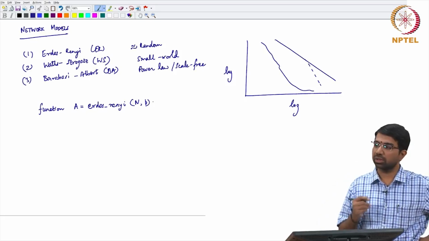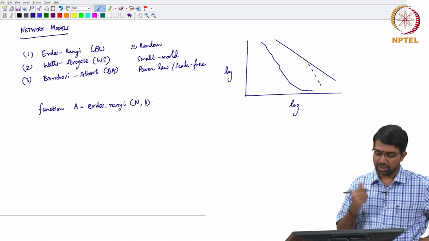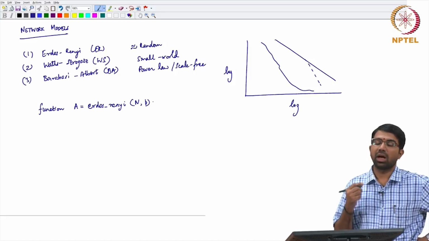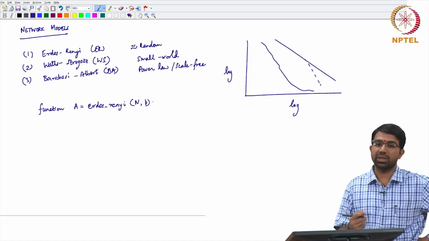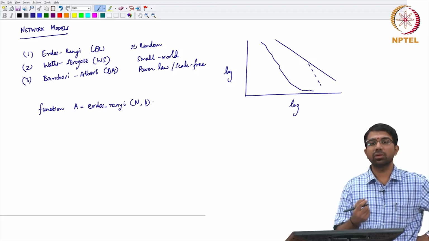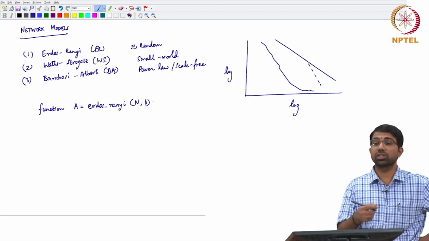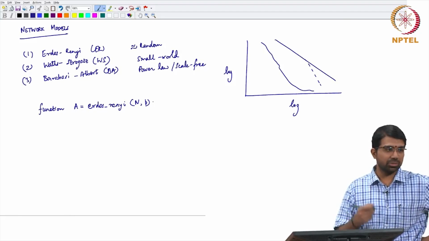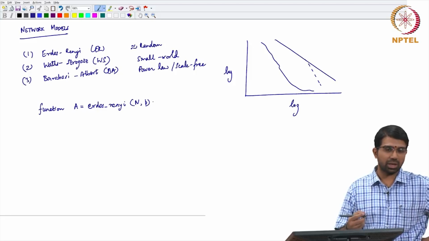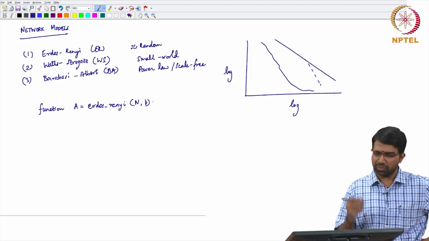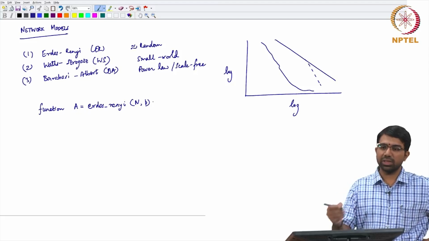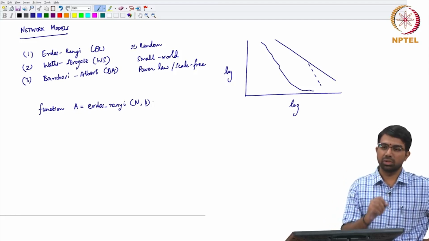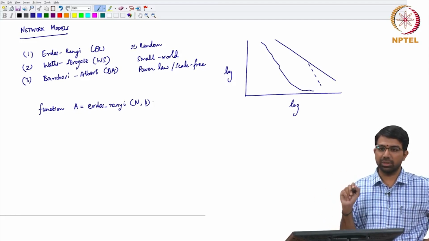You will just try to construct an adjacency matrix such that an entry in the adjacency matrix will be non-zero if you generated a random number that is less than or equal to p. So, you generate several random numbers, and for every edge, whenever it is less than p, you put a 1 there, otherwise you let it remain a 0.